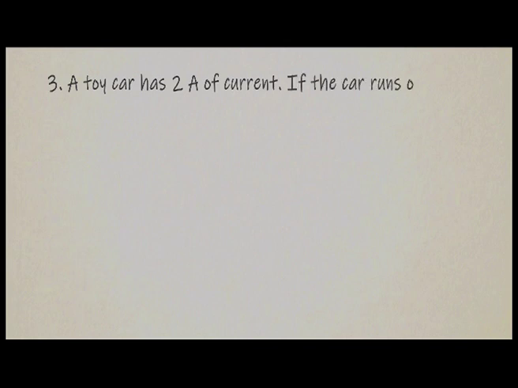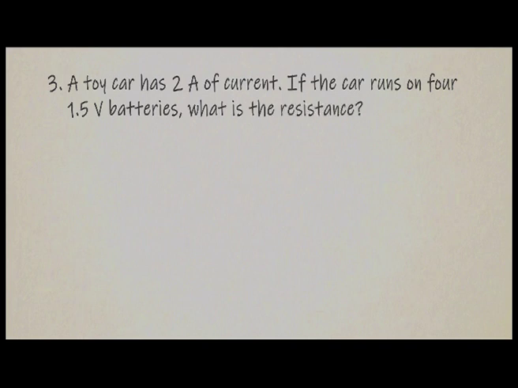Now, question number 3. It is an interesting question. A toy car has 2 amperes of current. If the car runs on 4 1.5 volt batteries, what is the resistance? When you were young, you must have played with toy cars. Okay, so this question I will not solve. I will give this as a task for you to solve by yourself. But if you're stuck somewhere, here is a hint.